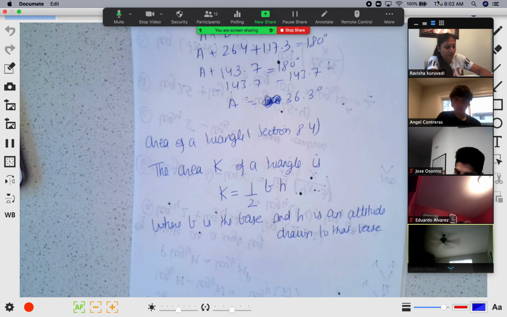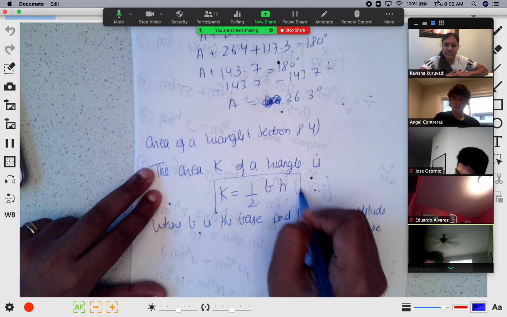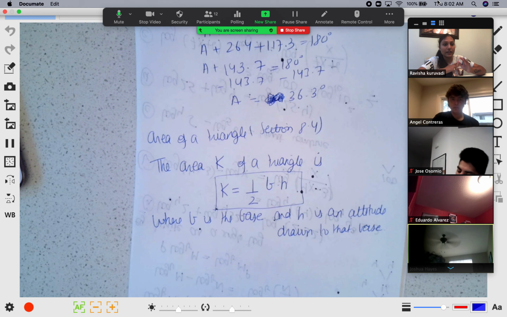This is the general formula for a triangle. If I say find the area of a triangle, directly you should know it's half base into height. How high is the triangle and the half base times height.